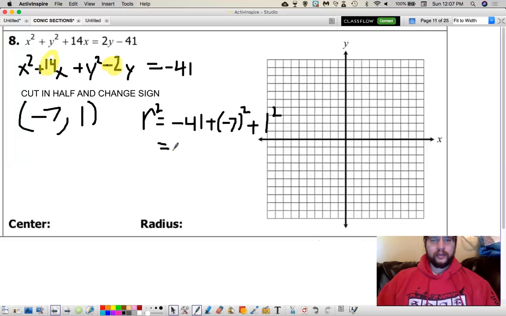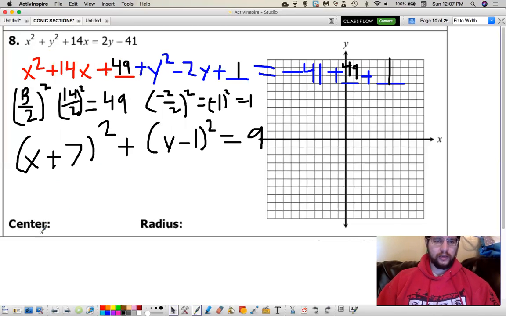So if we do that, we get negative 41 plus 49 is 8, plus 1 is 9. You just type in the calculator. So R is 3. Center, radius, done. Check it back with the actual work. Negative 7, 1, negative 7, 1, and R is 3.